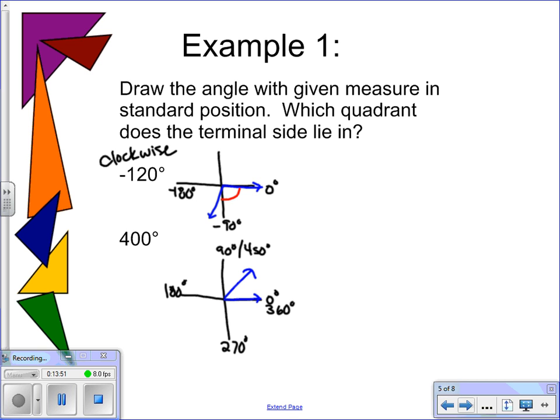I would start my spiral, and I'd say I have to go around one whole time, and when I get to that initial side, I have to keep going. And I have this awesome spiral drawn that shows me that's more than 360 degrees. That's not just a 40 degree angle, that's a 400 degree angle.